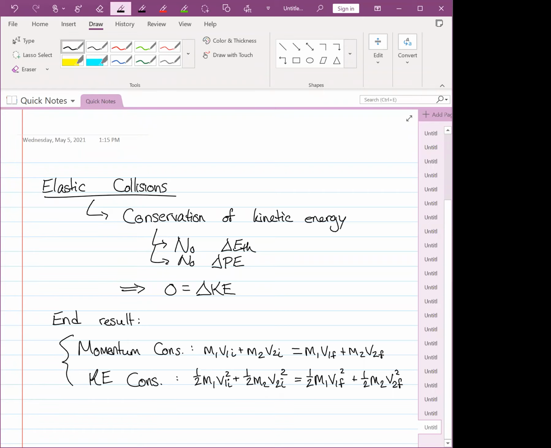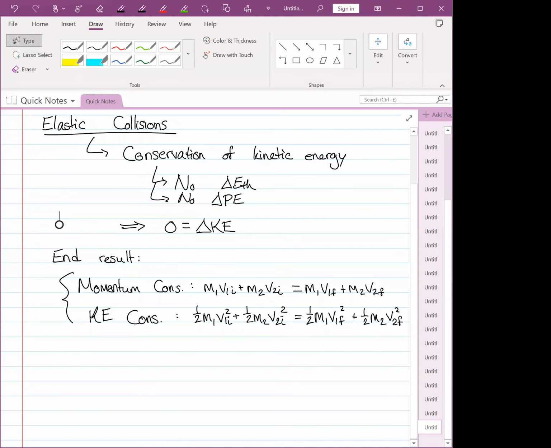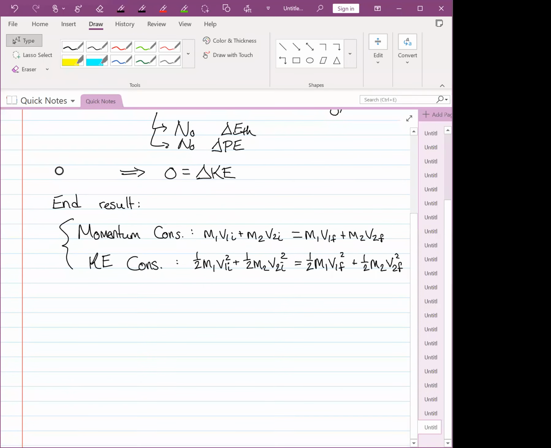A good example of this would be a block moving and hitting another block that was initially at rest. Let's work this out really quick. Before the collision occurs, we have a block of, say, mass m moving with some speed v towards a stationary block of mass m with speed 0.